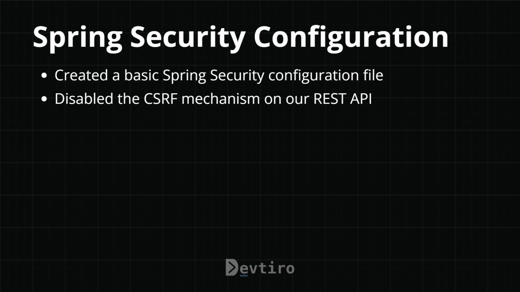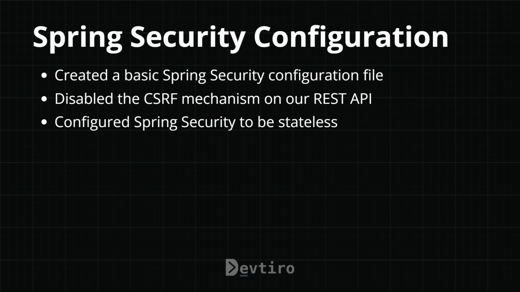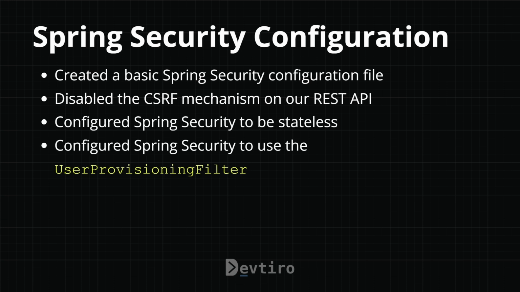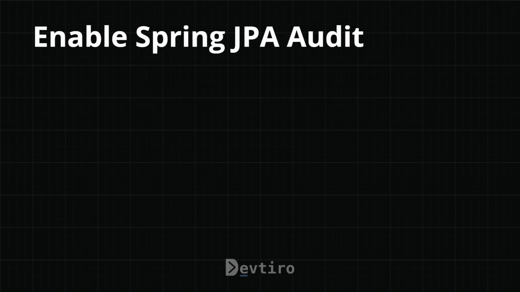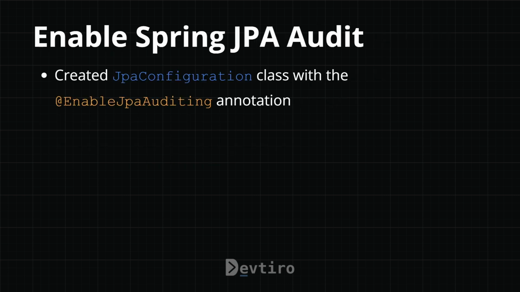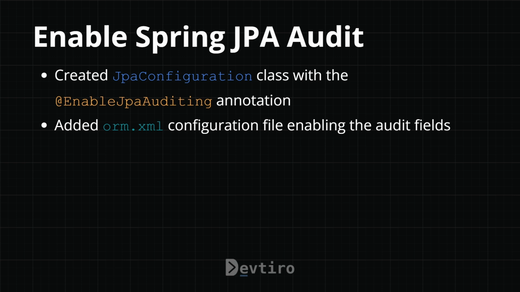We disabled the CSRF mechanism on our REST API, and we configured Spring Security to be stateless. And we configured Spring Security to use the user provisioning filter. In Enable Spring JPA Audit, we created the JPA configuration class with the @EnableJpaAuditing annotation. And we added the orm.xml configuration file enabling the JPA audit fields.